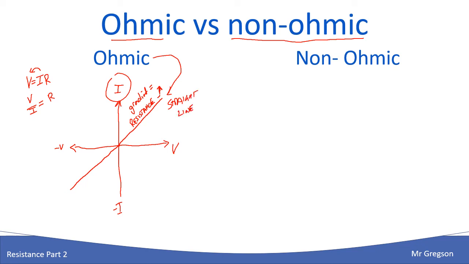Now, this will make a little bit more sense when we switch over to our non-ohmic. So I'm going to draw the same sort of graph. I talked about LEDs being fairly close to ohmic, and they're not bad. An example of something that's very non-ohmic is anything that gets really hot when you heat it up.